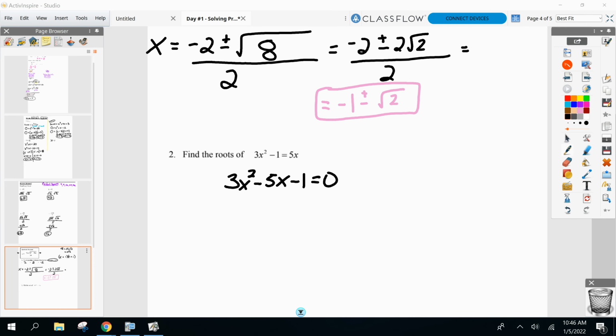I don't know if some of you guys are going to try to factor that. Probably not, because there's a 3 out in front. What would be your A value here? A? 3. B? -5. And C? -1. And that's probably all I'll have time for.